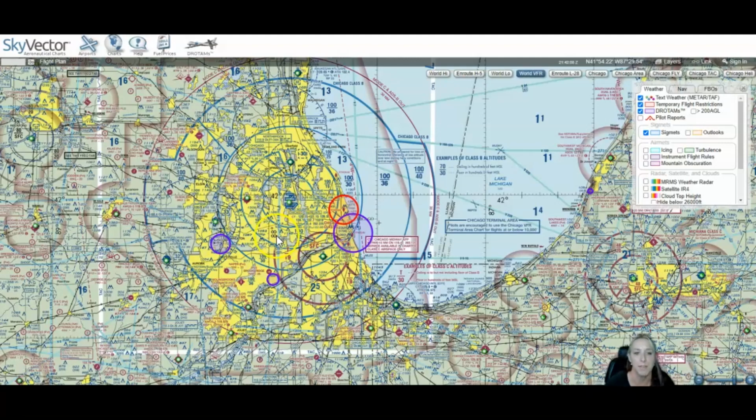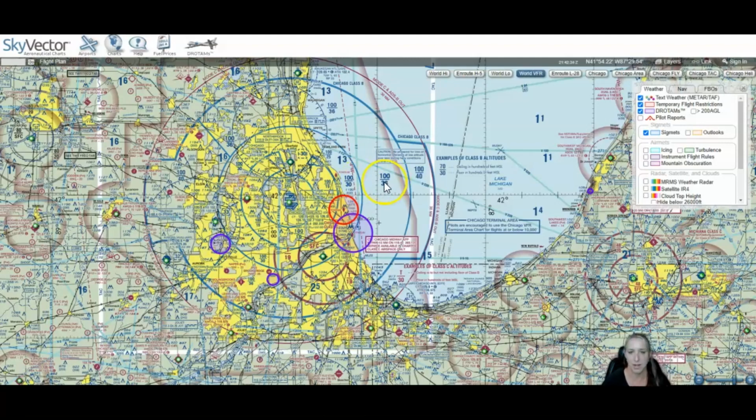So you could be flying around right here under 1,900 feet and not be in Class Bravo airspace. Then as we extend out even further, the next ring starts at 3,000 feet and extends up to 10,000 feet. So that next ring gets a little bit higher, but it still extends up to 10,000 feet.